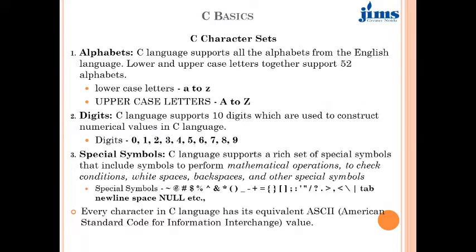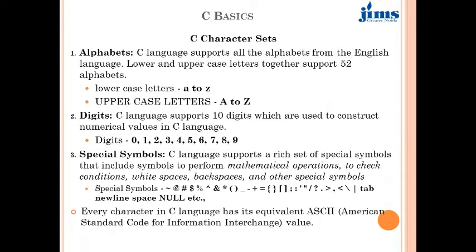Special symbols like the @ symbol, hash, dollar, percentage, ampersand, multiplication star symbol, open and close round brackets, curly brackets, square brackets, semicolon, comma, inverted comma, double inverted commas, greater than, and smaller than symbols, all come under the category of special symbols. And the C language supports all these symbols.